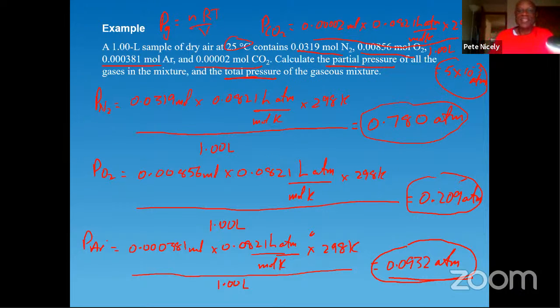Okay, so according to my calculations, rounded off to 3 sig figs, the total I'm going to put down here is 1.09 atmospheres. Okay, so that should be the correct answer.